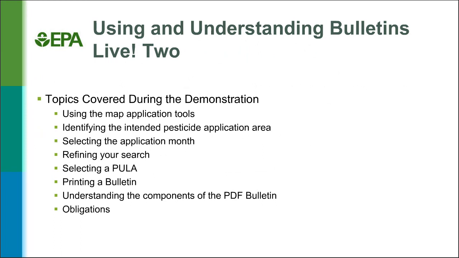Right. Using and understanding Bulletins Live 2, this is sort of where we walk everybody through the steps in using BLT. The topics covered here are using the map application tools, identifying the intended pesticide application area, selecting the application month, refining your search, selecting a PULA, printing a bulletin, understanding the components of the PDF bulletin, and obligations.